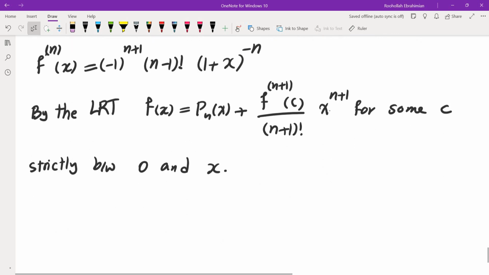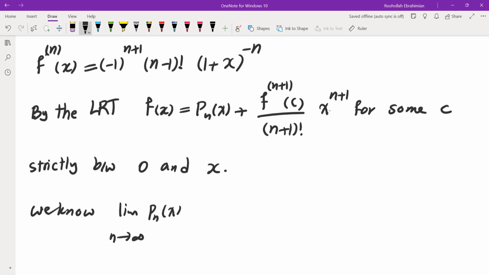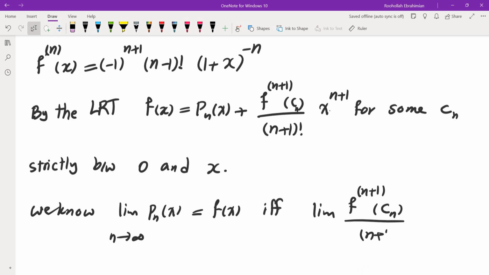Okay, and in order to show that, in fact, so we know limit of Pn of x by what we just showed above as n approaches infinity is equal to f of x if and only if limit of f^(n+1) of c, which I'm going to call cn, over n plus 1 factorial x to the power of n plus 1 as n approaches infinity is equal to 0. So if I show that this approaches 0, then limit of Pn would be f of x, which means f of x is equal to its Taylor series, and vice versa.